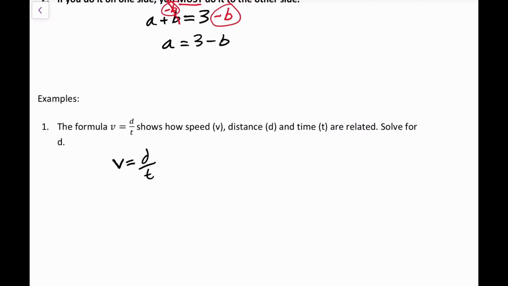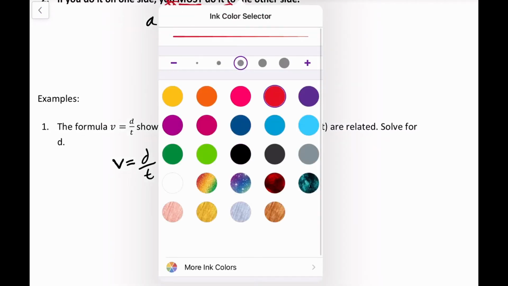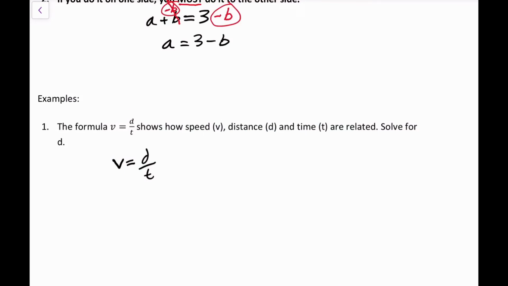So how do we solve for d? Looking at our two rules from above, right now we have a division, so the opposite is multiplication. We're trying to isolate d, so we want to get rid of the t.